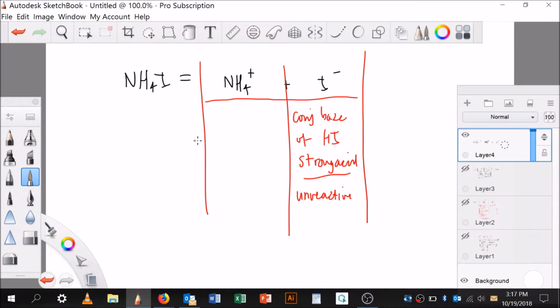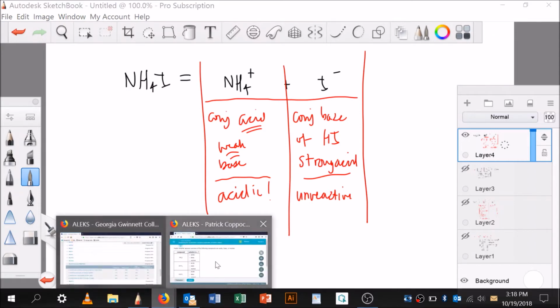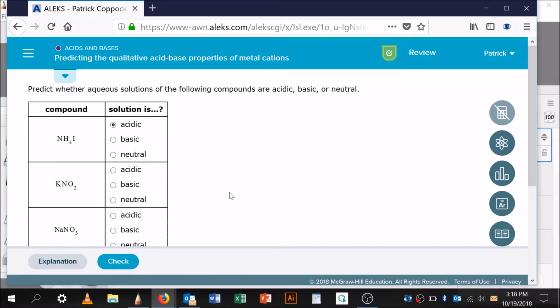Ammonium, on the other hand, is the conjugate acid of a weak base. And that means it does react. It is going to actually act as an acid. We've been doing this a lot in a lot of different contexts, so I'm not going to say anything more about that. Let's just go back here and say that's acidic.